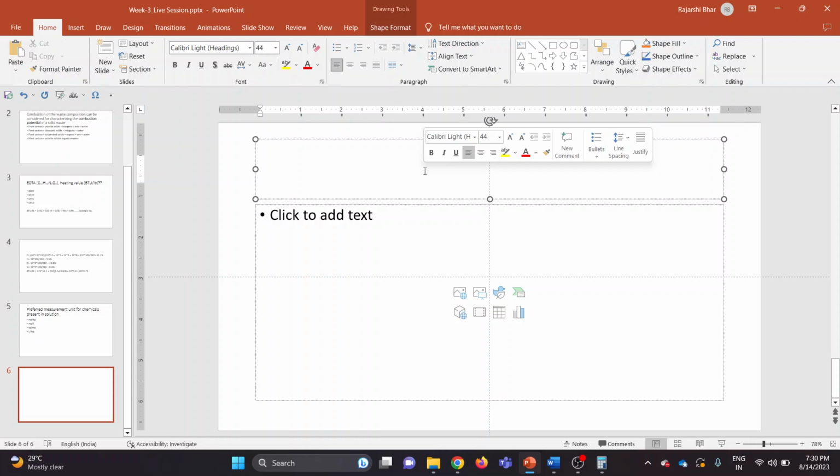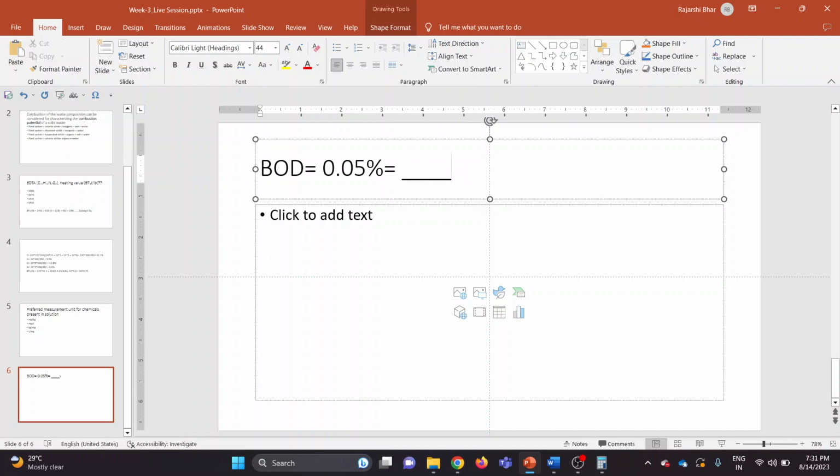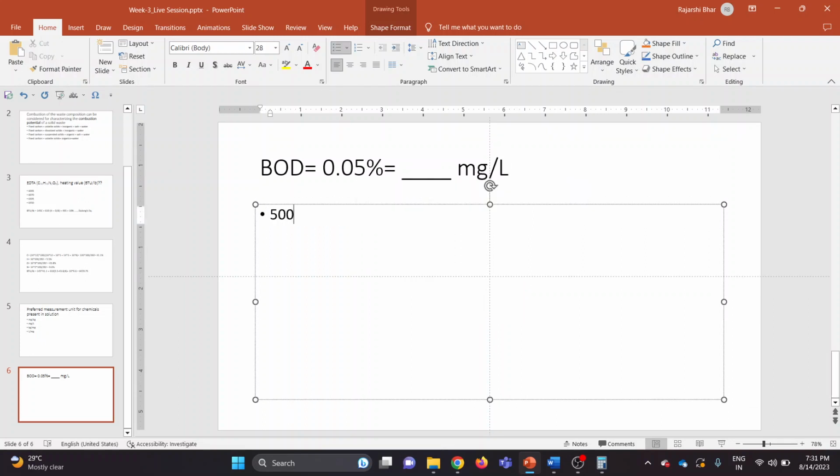So BOD is given as 0.05%, and you have to determine its value in milligram per liter. This is the question, and these are the options.